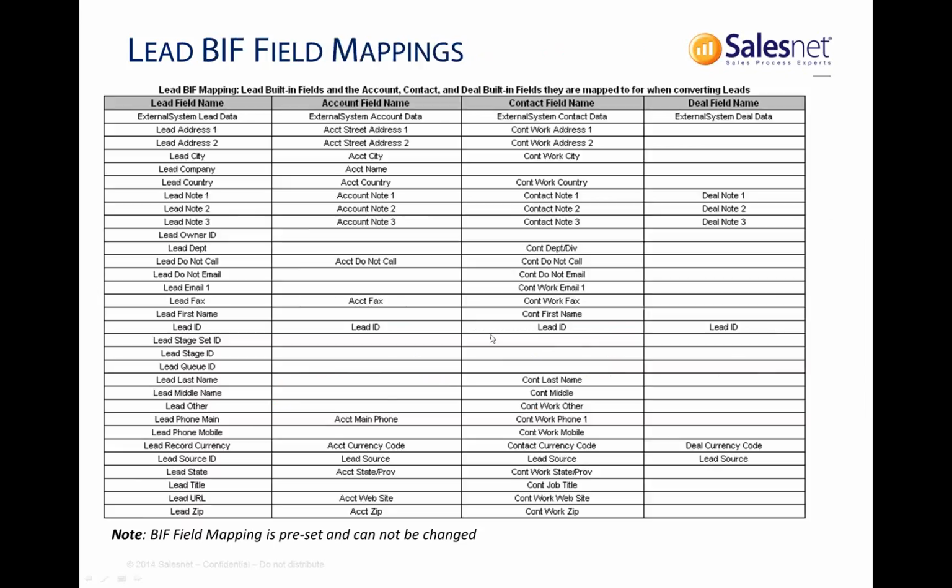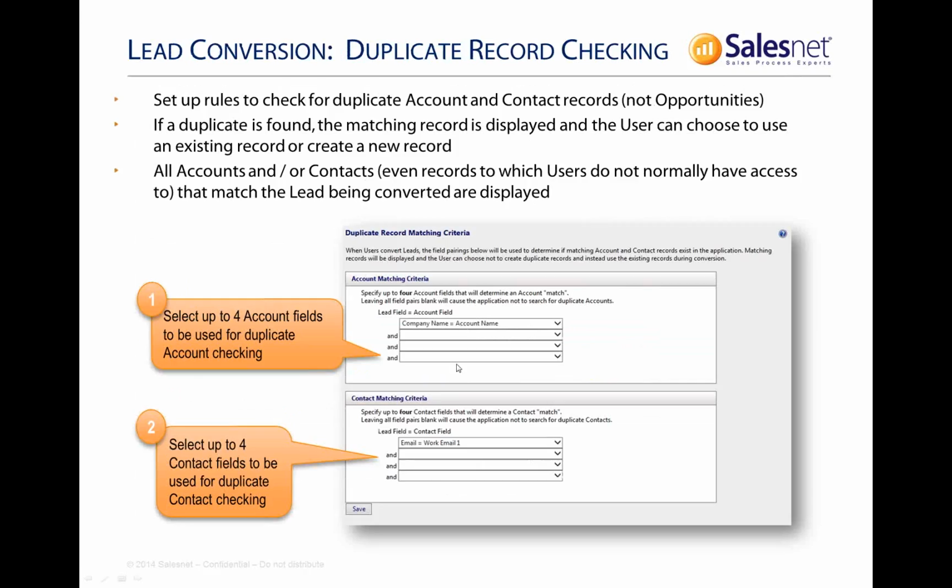Yeah. Okay. We just give you a little slide deck of the built-in field mappings here. And then let's talk about duplication. On conversion, many times you might have multiple individuals from the same company, so if you're converting, you don't want to create duplicate account records.